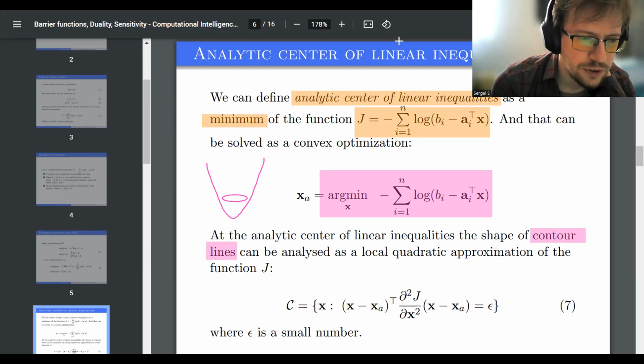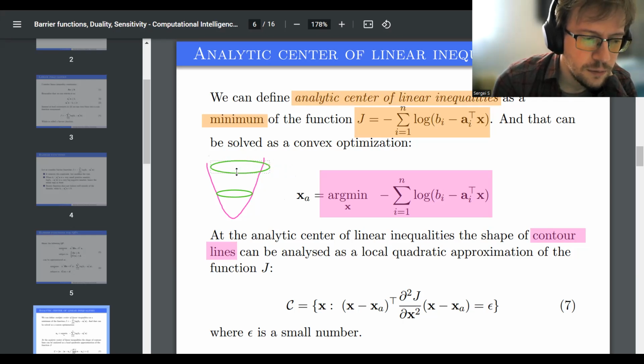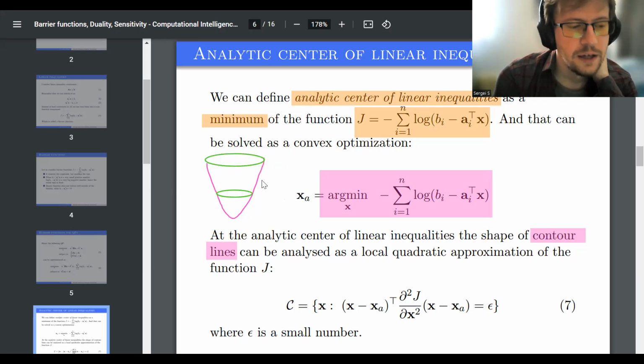Let me try to use a different color. Contour lines would be something like this. So this is the contour line where the parabola has equal value across the whole line. Or here's a big contour line, somewhere here. So contour lines are where the function has equal value across the line.